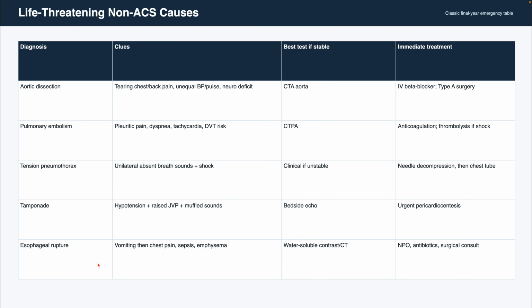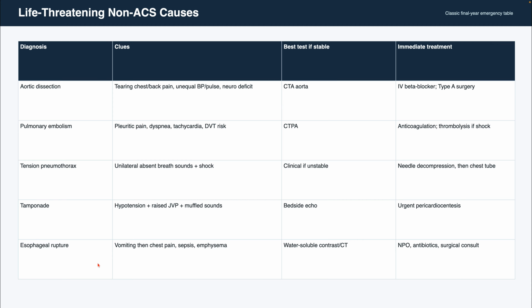Okay, so now life-threatening non-ACS causes. So it will be aortic dissection, pulmonary embolism, tension pneumothorax, tamponade and esophageal rupture, as we discussed earlier. Aortic dissection, we do the CT angiography, and then we go for the IV beta blocker, and if it is a type B, we go for the surgery.